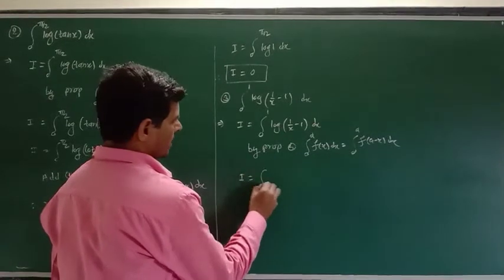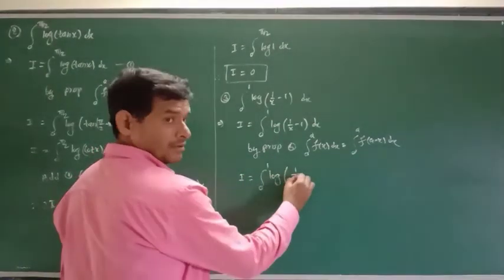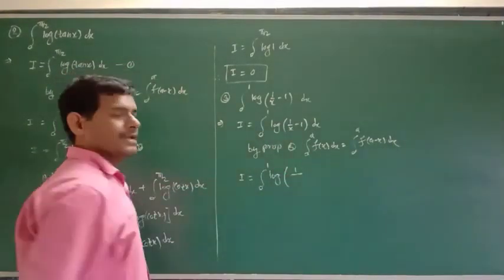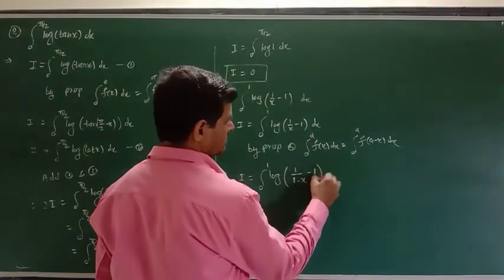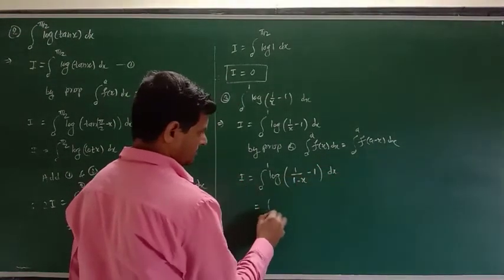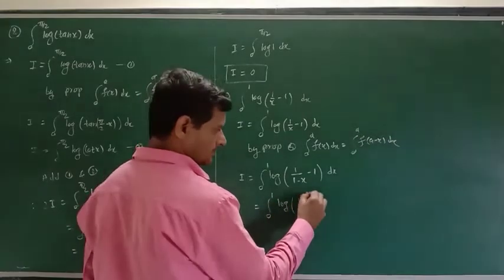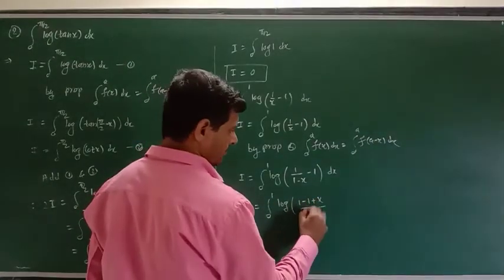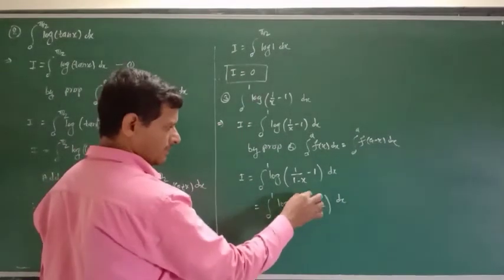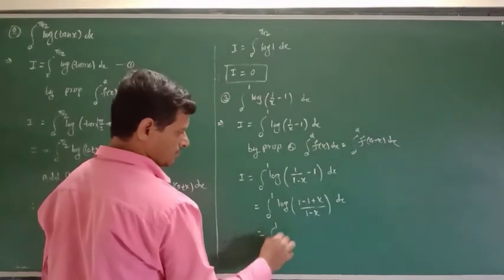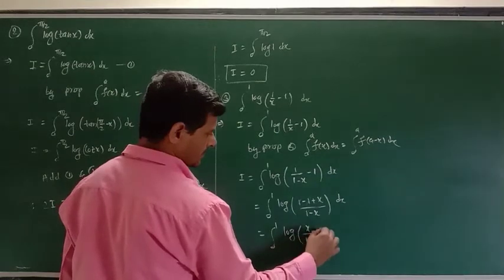So I is equal to integral from 0 to 1 of log of 1 upon (1 minus x minus 1) dx, replacing x by 1 minus x. So what will it be? Integral from 0 to 1 of log of (1 minus 1 plus x) upon (1 minus x) dx. Okay, minus 1 plus 1 get cancelled here. So integral from 0 to 1 of log of x upon (1 minus x).